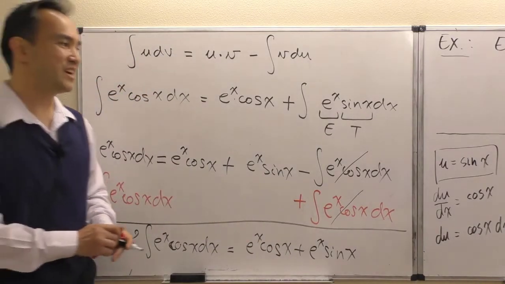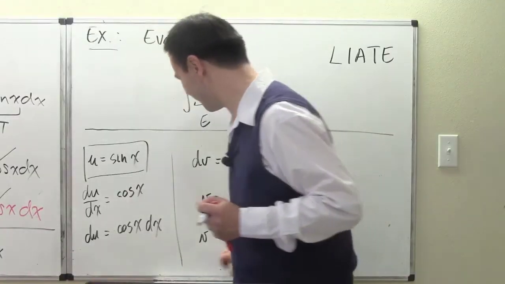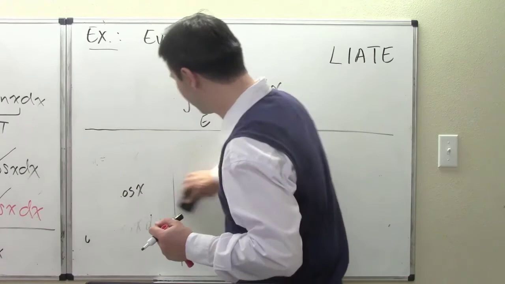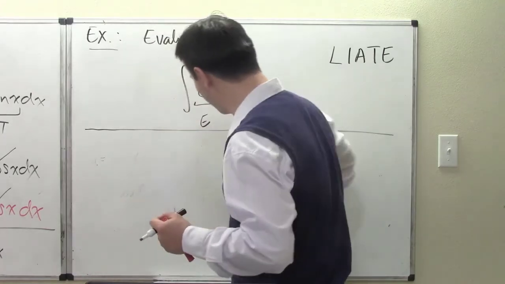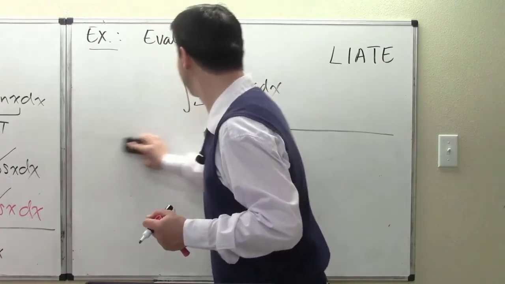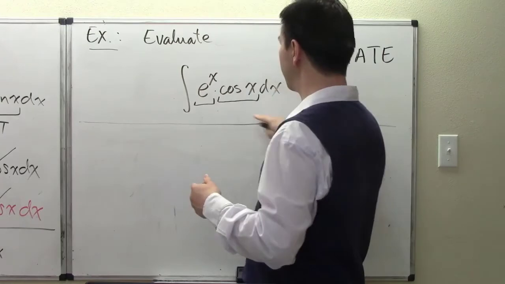Now in my other board, allow me to erase this, and allow me to again copy down the very last line we had from the other board. I'm still leaving the original problem here.